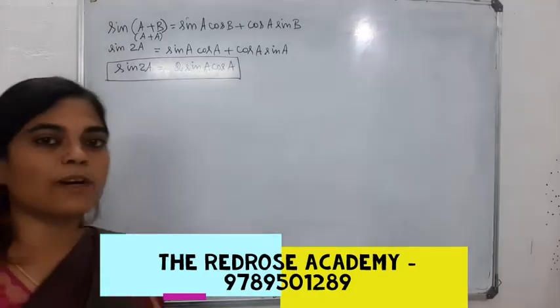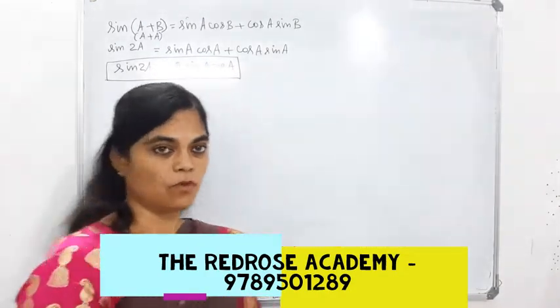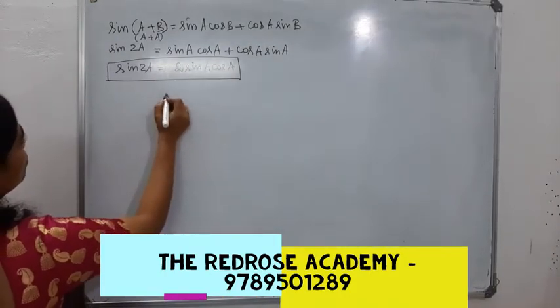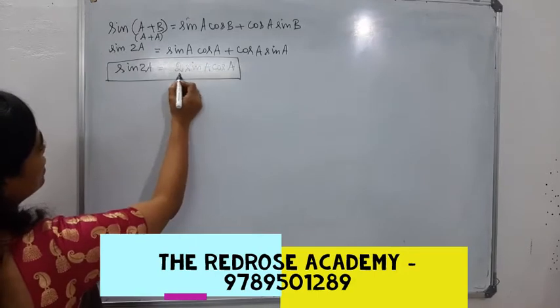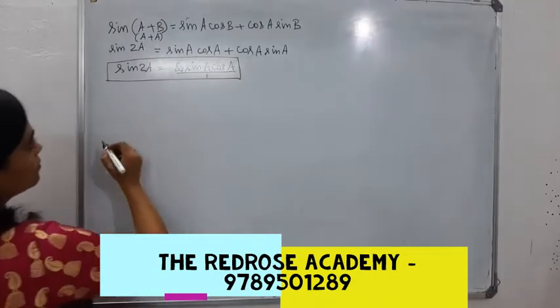We are now going to write sin 2a in terms of tan a. How can we write sin 2a in terms of tan a? Here, 2 sin a cos a, we can assume this is divided by 1.